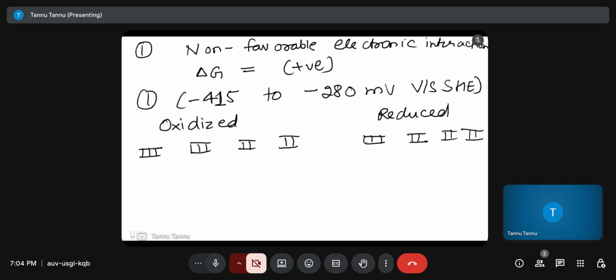So we can say the overall charge balance is plus 10 minus 8 minus 4 is equal to minus 2.